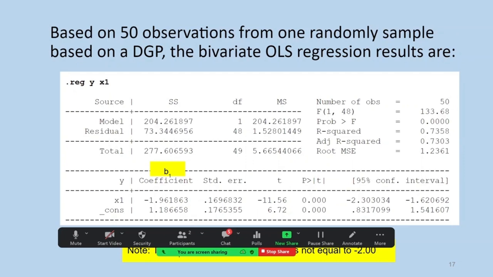It's statistically significant because the p-value is less than 0.05, right? But all you would do in Stata to get this is to type in reg, short for regression, y, x1. That's it, and you get this output. Simple. Okay.